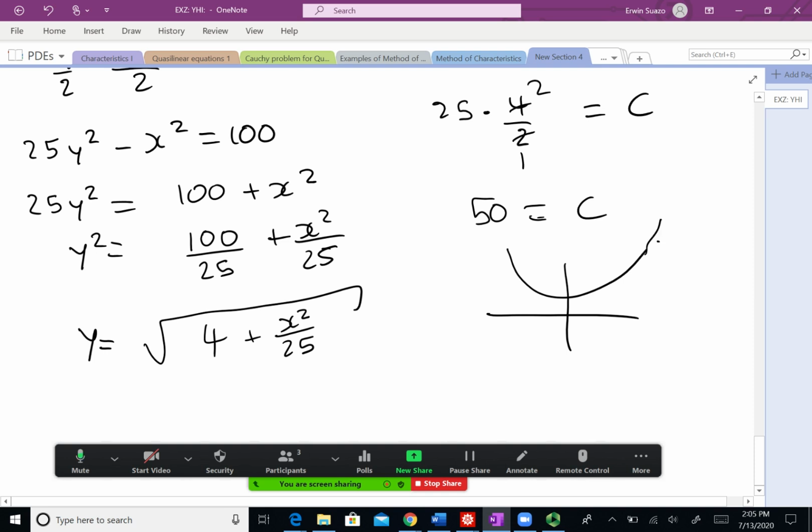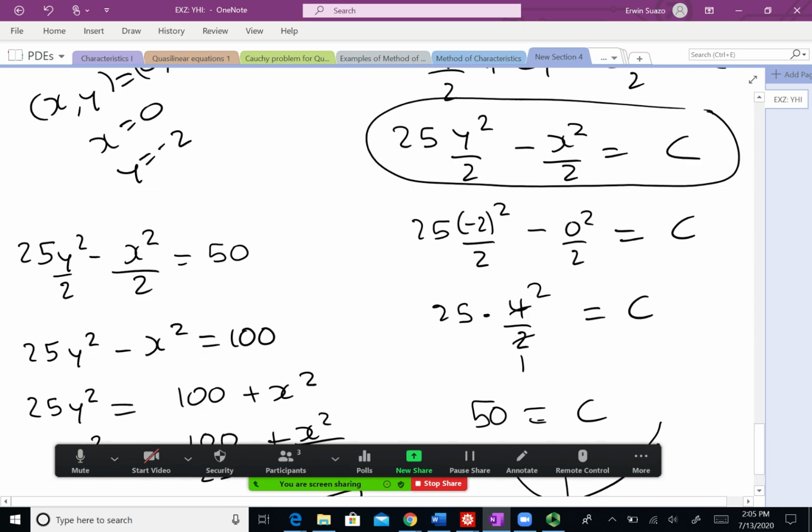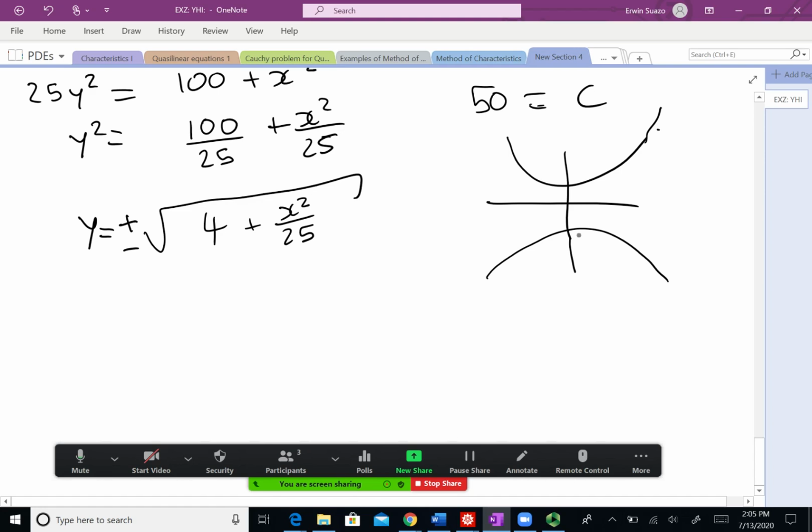And remember, when you take the square root, you get plus and minus. So since you have plus and minus, you have to choose. They are telling us to choose the one that is passing through (0, -2). So I need to choose the one with minus. So that's what we have to choose.